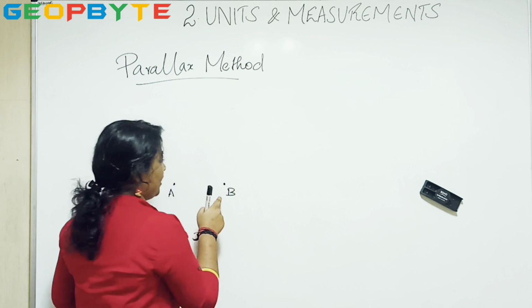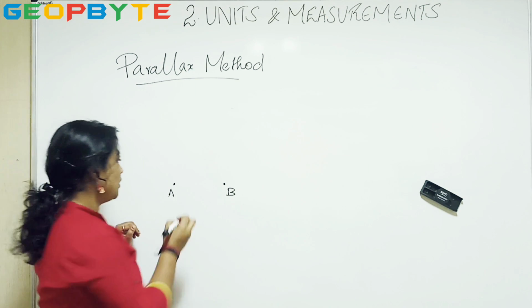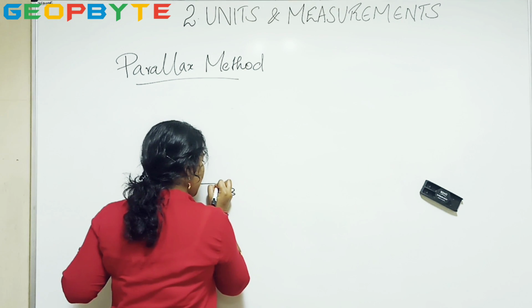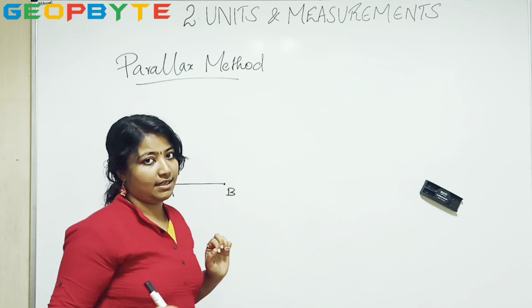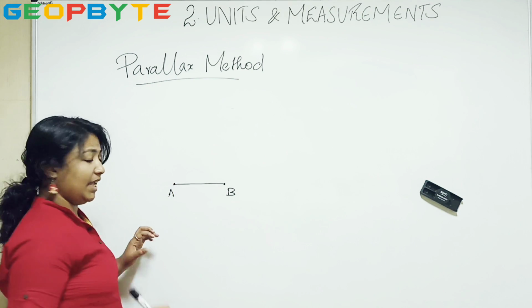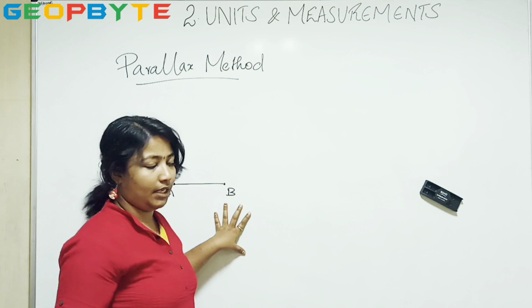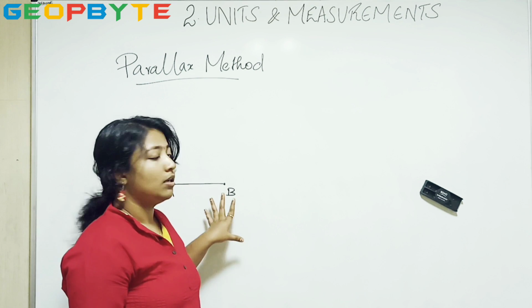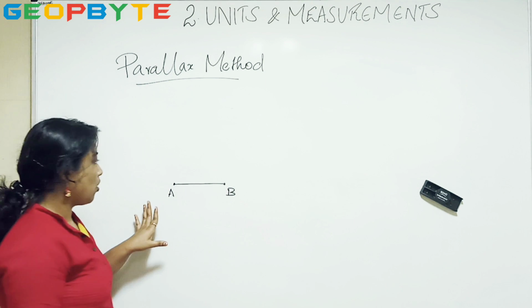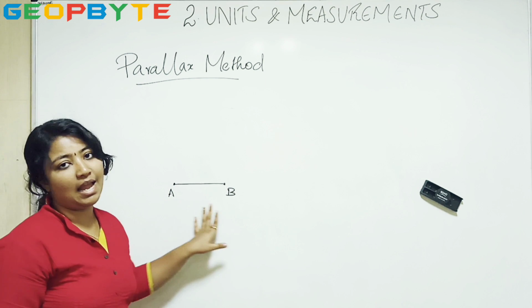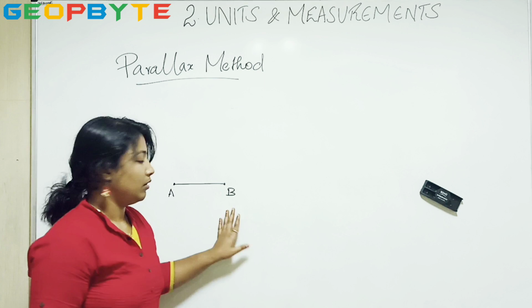Let that point be B. So this AB is known as the basis. In general, we can say that this A and B are known as the points of observation. Okay.